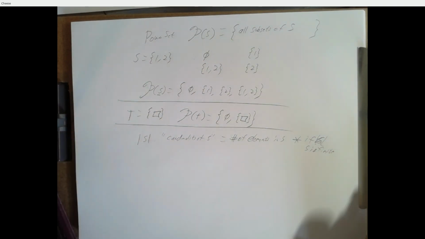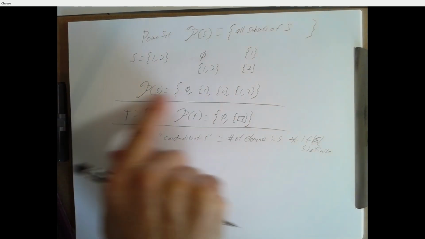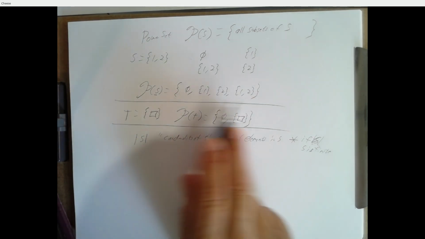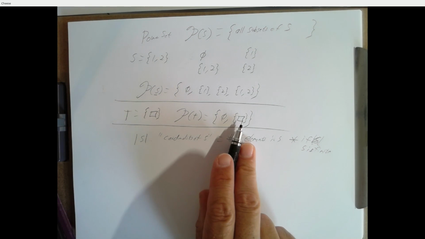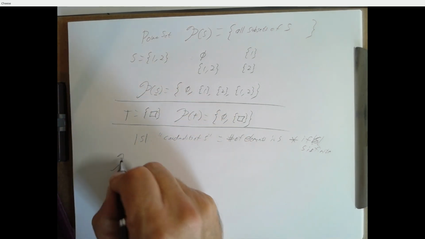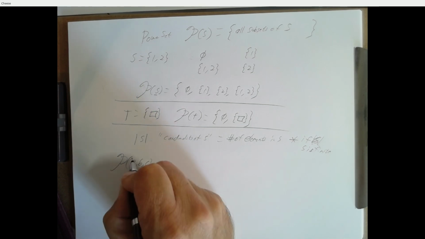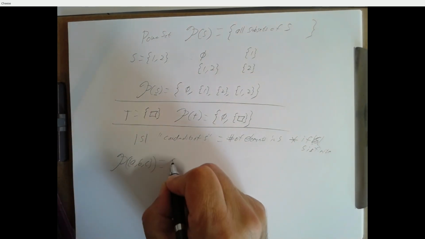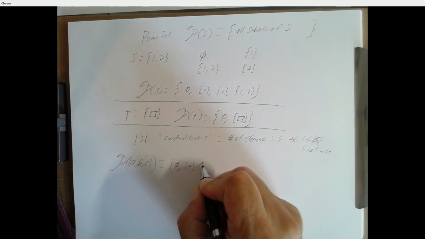And so we have a property that you might be thinking about with power sets. Here we had a set with two elements. The power set contained four elements. Here was a set with one element. The power set contained two. If we looked at the power set of a set of three elements, it's going to contain the following.